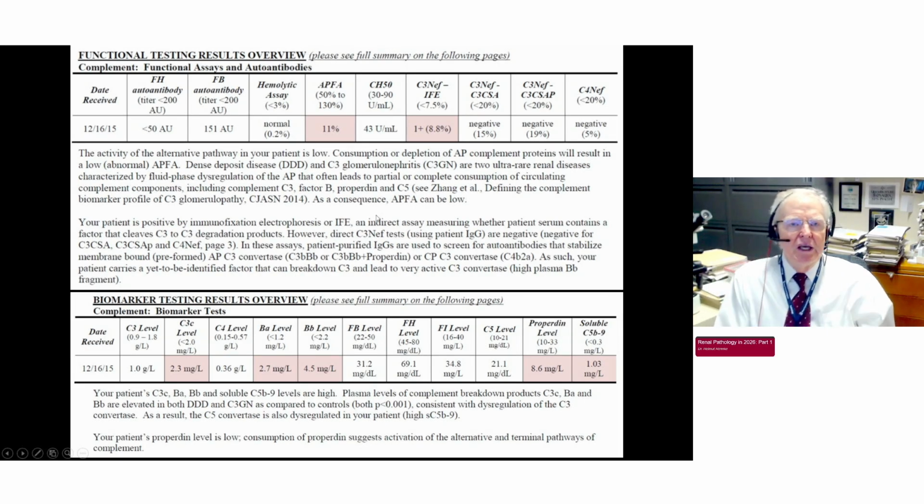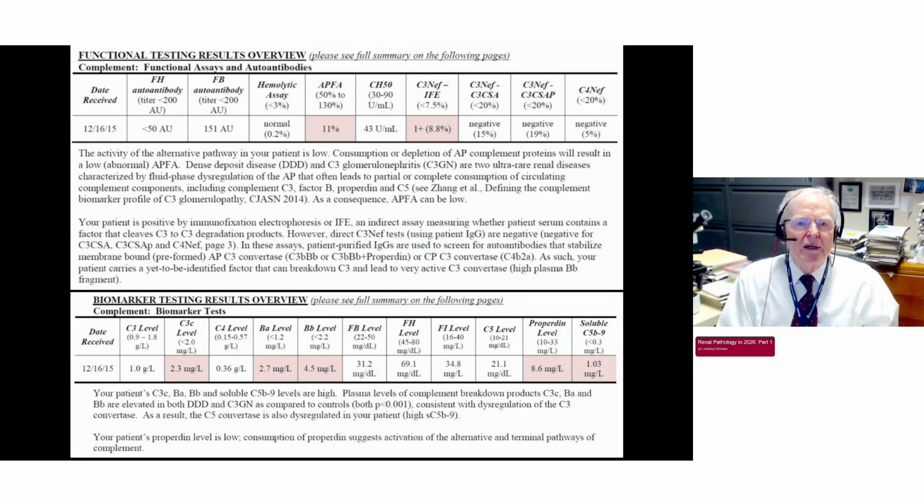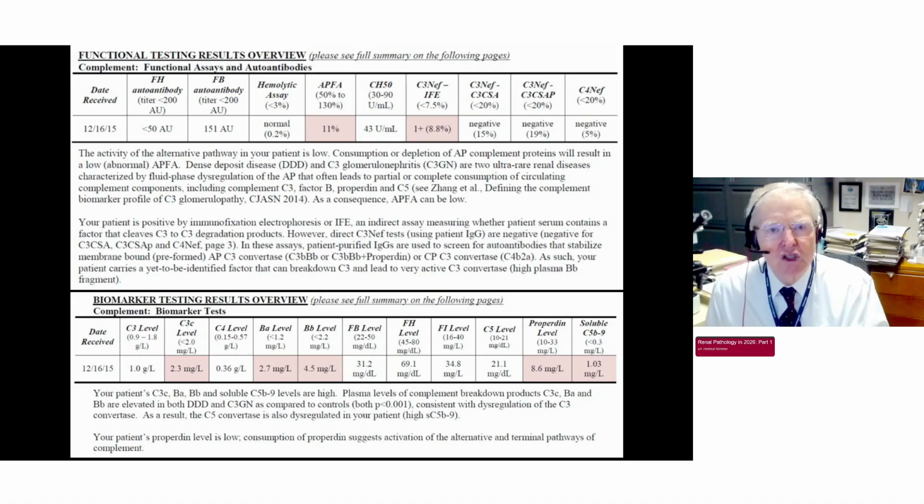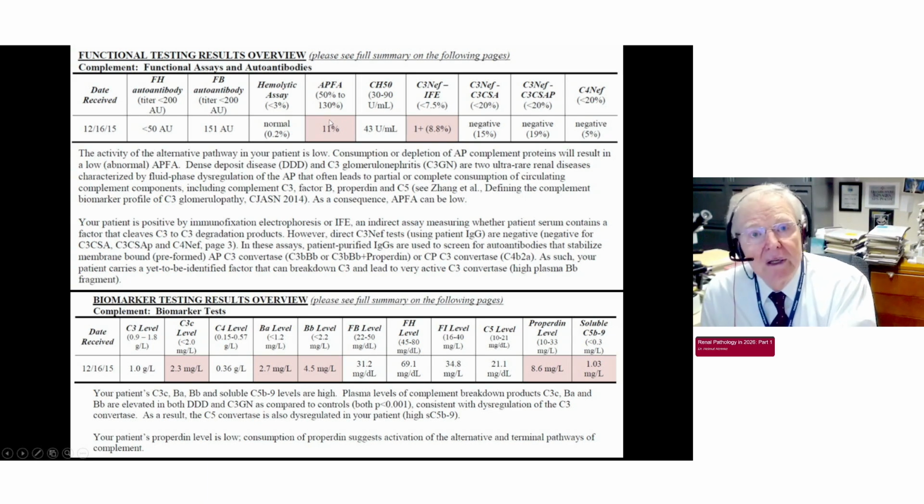And you can see here, if you analyze the functional panel for complement activation, the alternative pathway has a low level of activity because of consumption. The C3 peptide that results from the activation is of course elevated.